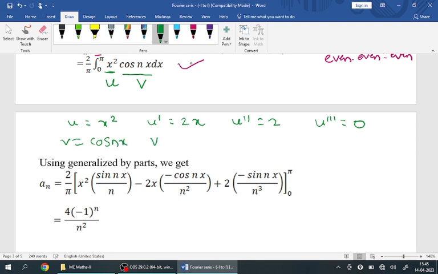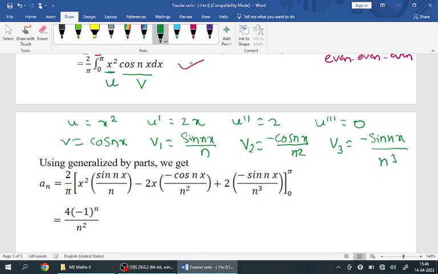What will be v1 then? The integral of cos nx is sin nx upon n. What about v2? The integral of sin nx is minus cos nx upon n square. v3, the integral of minus cos nx is minus sin nx upon n cube. This way.